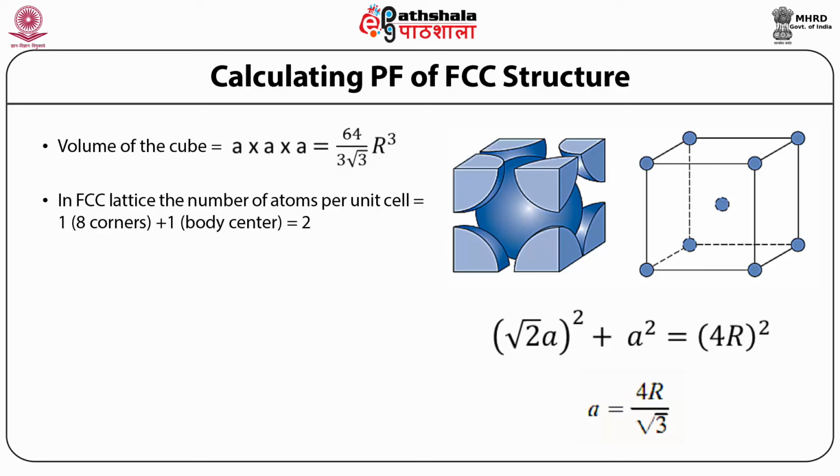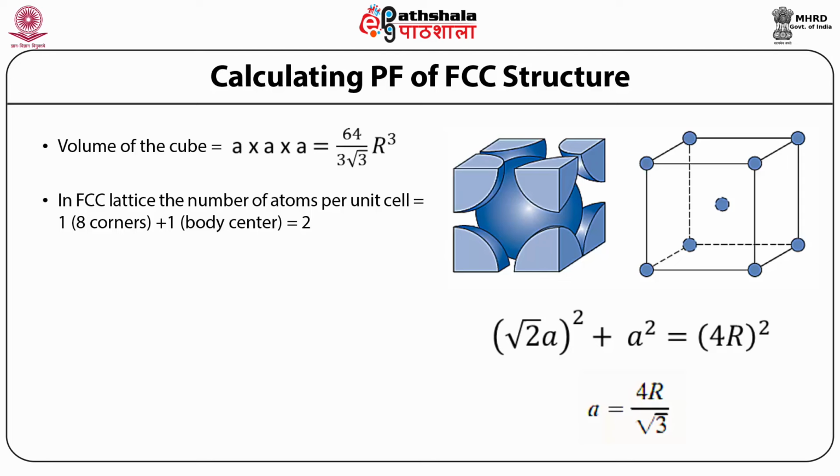I mean, just like we cut apples or pears and then fill them into the cube. So that's how it is represented on the left hand side. So the volume of the cube is simple, because it is A multiplied by A multiplied by A.